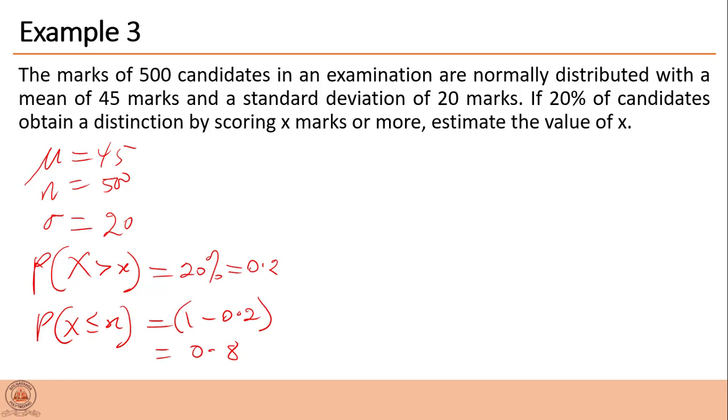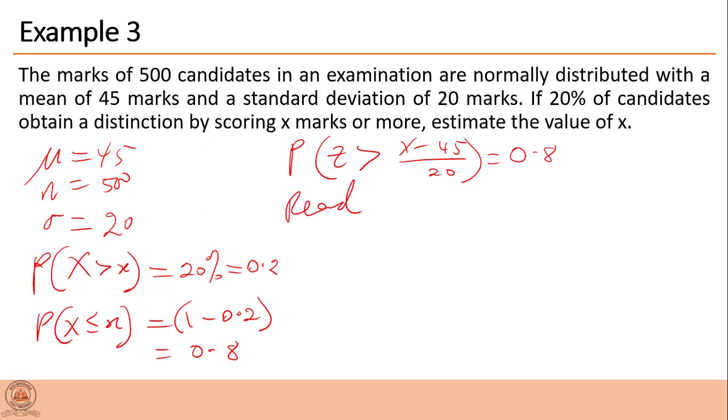So formally we have Z greater than x minus 45 over 20 is equals to 0.8. So we want to read the probability value, p value of 0.8 from the normal distribution table.